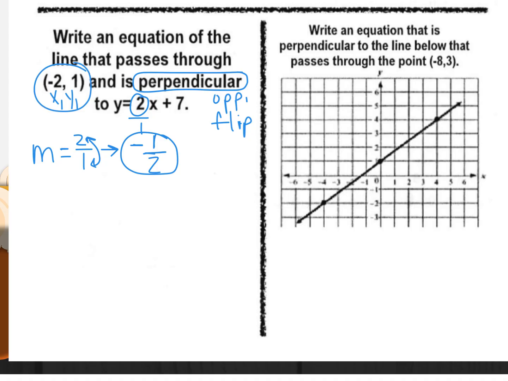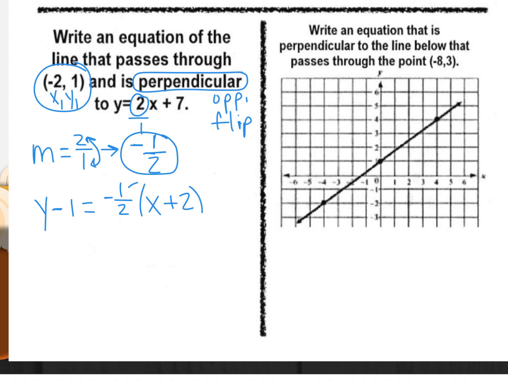Can we use our y minus y1 now? All right, so y minus, be careful with your signs. What are we going to do? Minus 1 equals negative 1/2 x, be careful, plus 2. Good job, because when we plug that in, the sign changes.